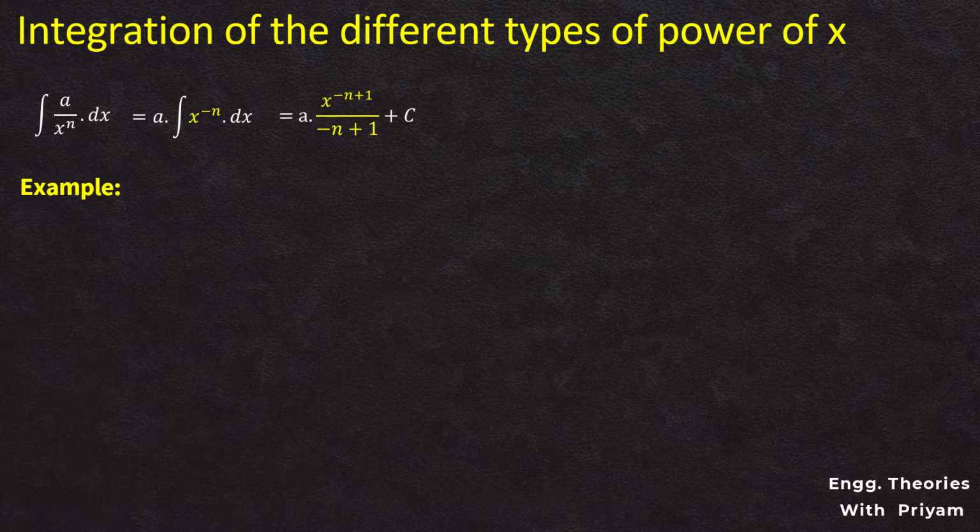Now let's take an example based on this formula. Let's say we need to integrate 8 divided by x to the power 7 with respect to x. Then at first we will take the constant 8 out of the integration, and then the integration can be written as 8 into integration of 1 by x to the power 7 dx. Then this 1 by x to the power 7 can be written as x to the power minus 7. Then the integration will look like 8 into integration of x to the power minus 7 dx.